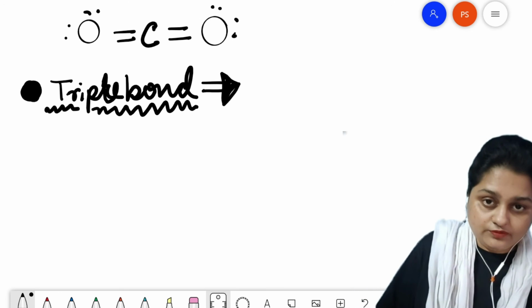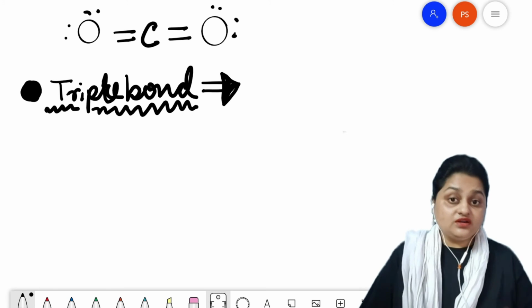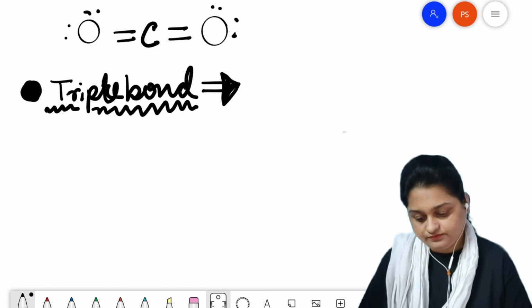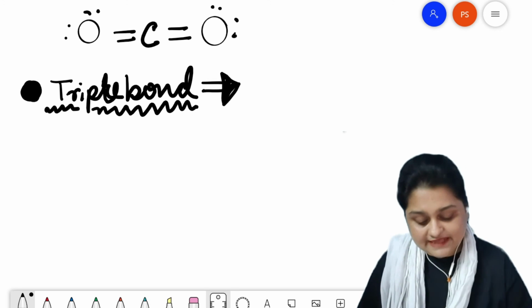Triple bonds are formed, like double bonds, when atoms share 3 electrons. Let's take an example to understand this sharing. Let's take the example of nitrogen.